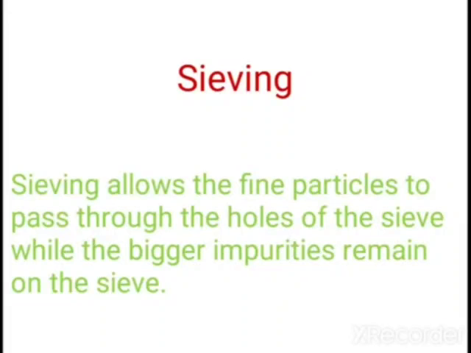At that time we need to remove impurities that may be present in it. So what do we do? We use a sieve and pour the flour into it. Sieving allows the fine flour particles to pass through the holes of the sieve while the bigger impurities remain on the sieve.